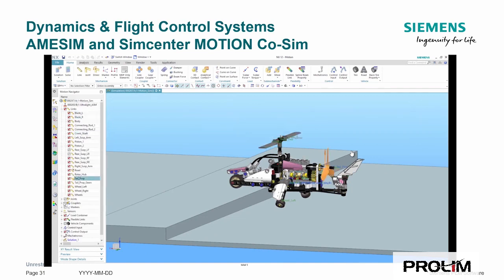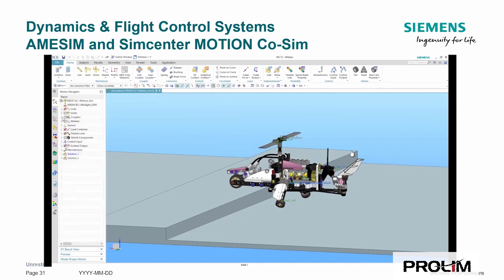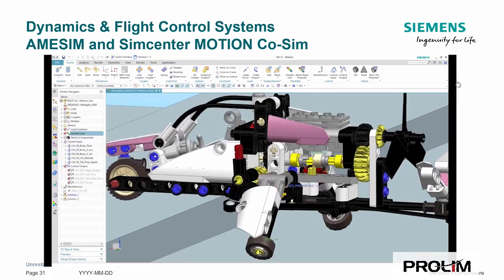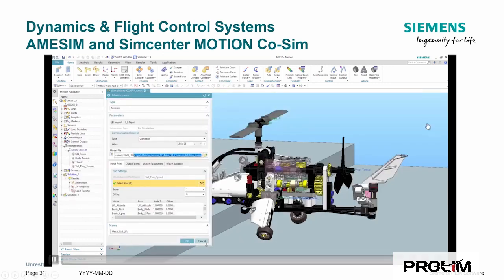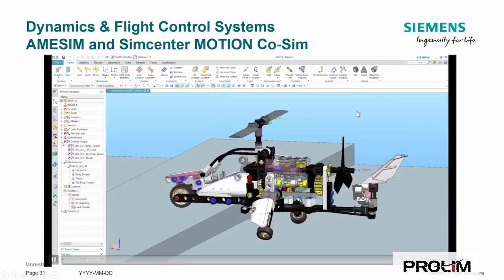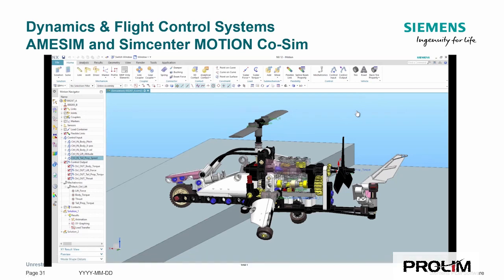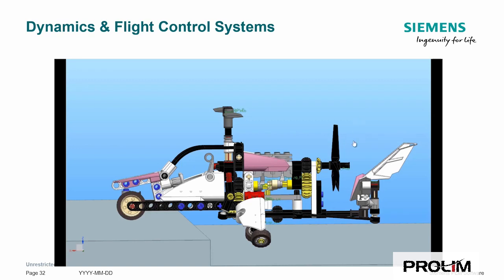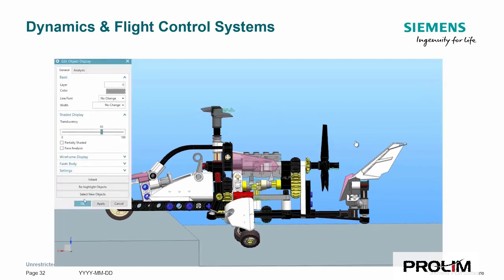Okay, here you can see the setup of the multi-body dynamics analysis of the helicopter, with a flex body on the suspension component there. And just to demonstrate the result of that, the blade pitch being controlled with AimSim.